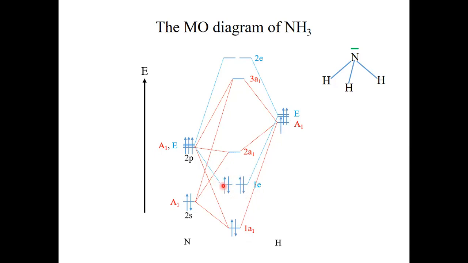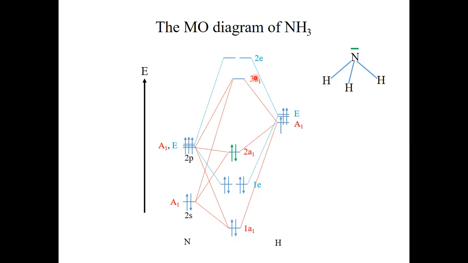So then we have spent 6 electrons, and the last one would be the 2A1. So this would be our highest occupied molecular orbital, and the one above, the 3A1, would be our lowest unoccupied molecular orbital.